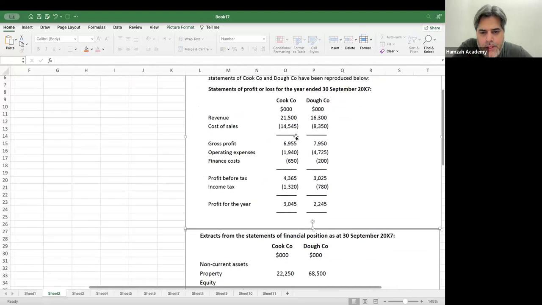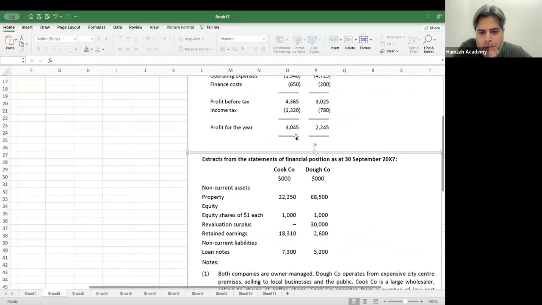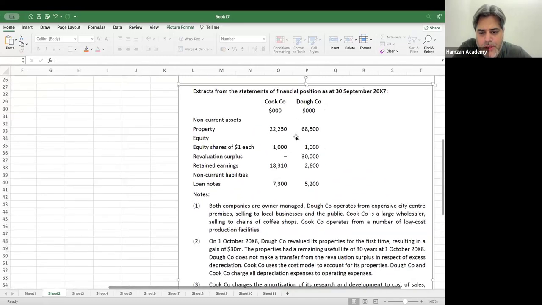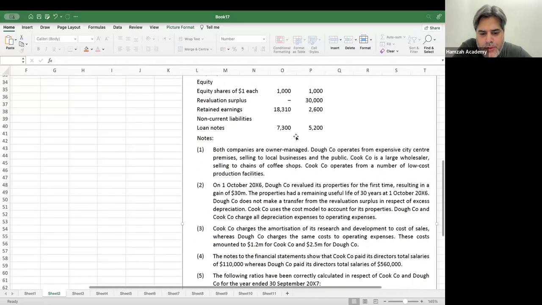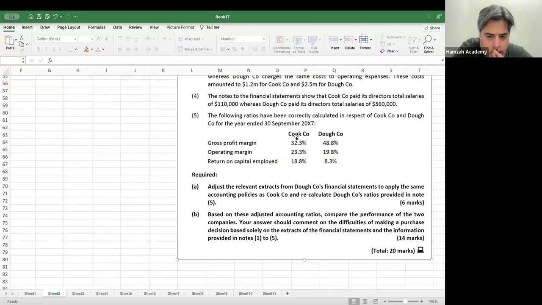We have the statement of profit or loss for Cook and Dough, then we have the extracts from the financial position, and then we have notes 1, 2, 3, 4, 5. The requirement is to adjust the relevant extracts from the Dough company's financial statements to apply the same accounting policies as the Cook company and recalculate the ratios provided in notes 1 to 5.